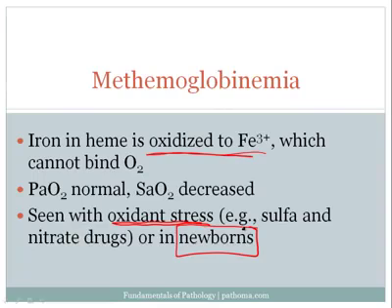And so physiologically, we have enzymes that participate in creating the mediators necessary to reduce iron back to its 2+ state. Newborns, their machinery to be able to do this is a little bit immature. And so newborns are particularly susceptible to the development of methemoglobinemia.